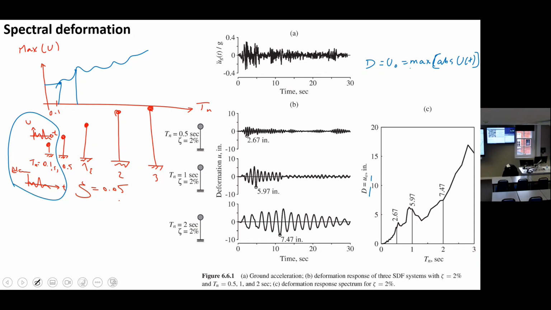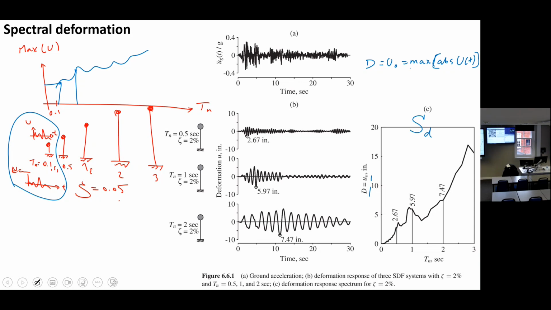That's spectral, this is a spectral deformation response. We call it SD. A spectral deformation response because it's representing the deformation for a spectrum of different single degree of freedom systems with different Tn values, right?